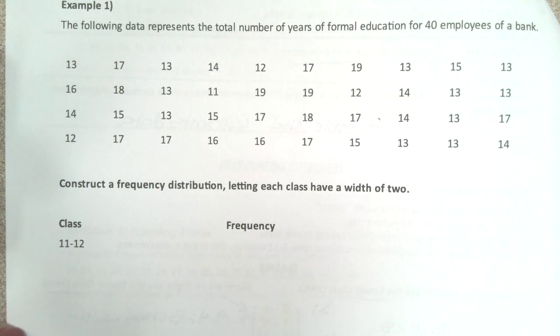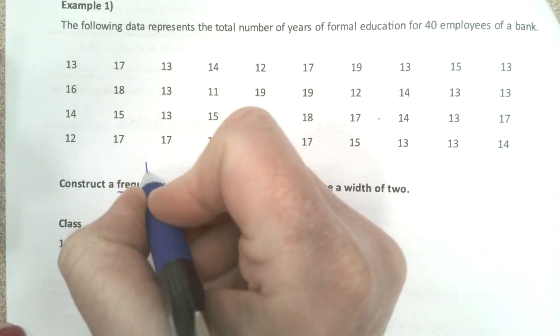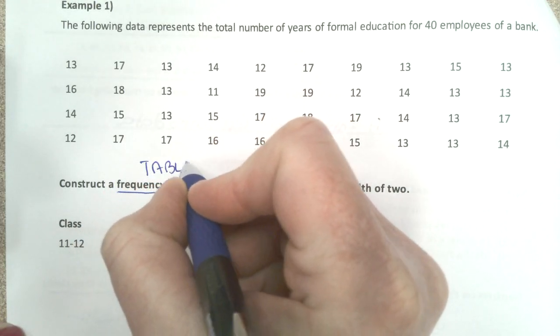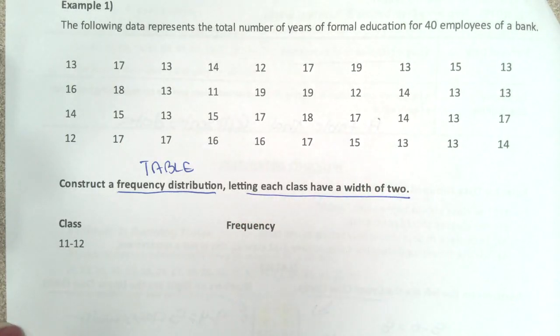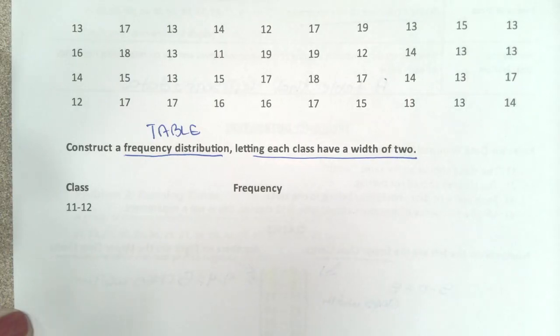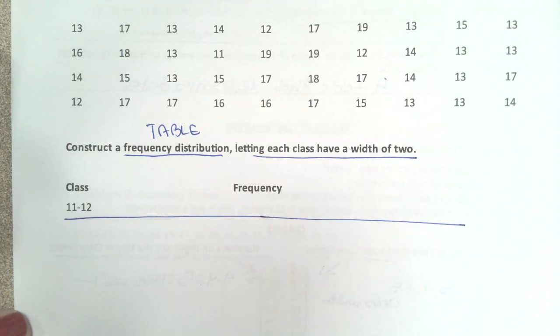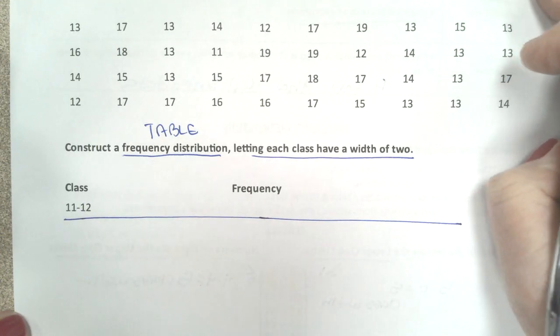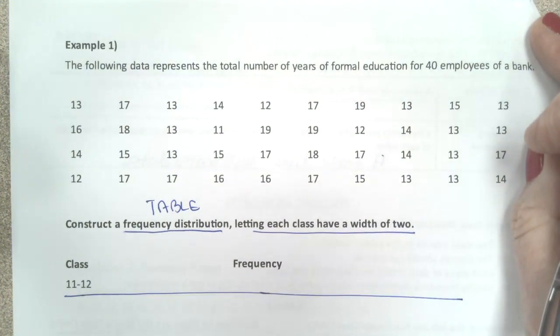It says construct a frequency distribution, AKA make a table, letting each class have a width of 2. And 11 to 12 does in fact have a width of 2. We're going to have to figure out how many classes we need to create here.